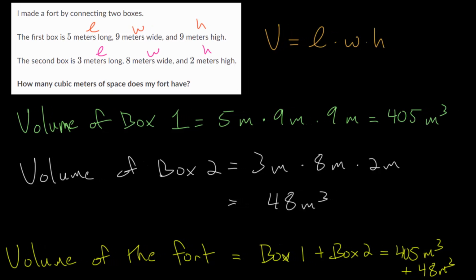Adding those together, if we add 40, that's 445, plus 8 more brings us to 453 cubic meters. So this is the volume of our fort, which was connected with two different boxes.